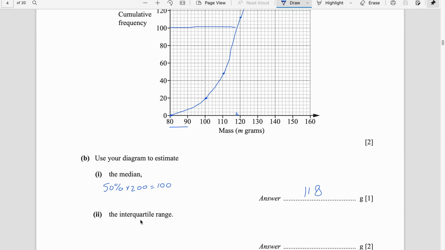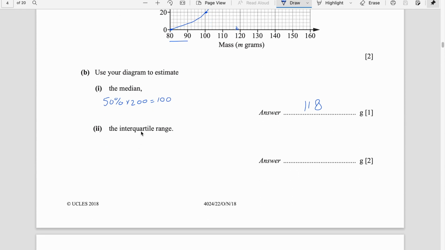118 grams. Interquartile range. Interquartile range is upper quartile minus the lower quartile. Upper quartile is at 75%, lower quartile is at 25%. So 25% of 200 is 50, and 75% of 200 is 150.